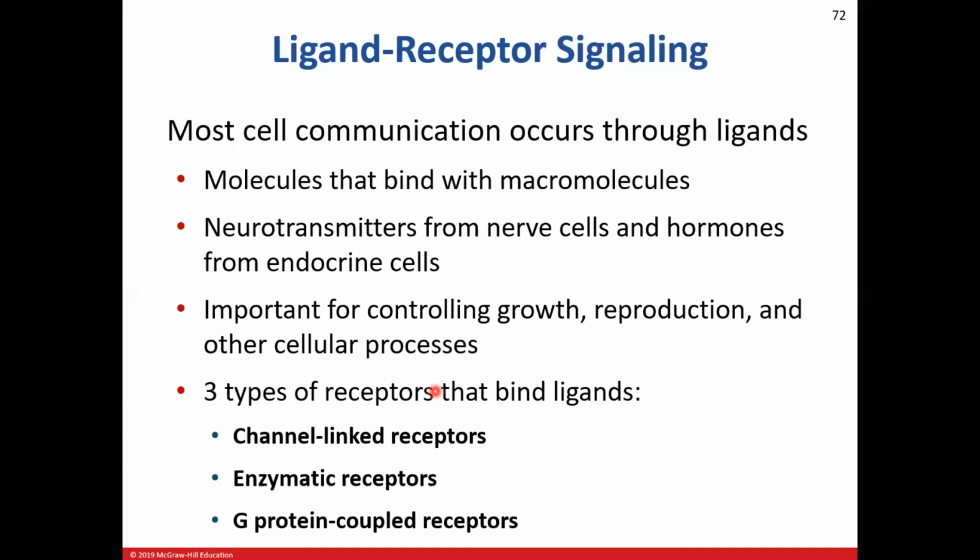So neurotransmitters from nerve cells and hormones from our endocrine cells. And we also see that they're important for controlling growth, reproduction, and other cellular processes. So we have three different types of receptors that bind ligands. We have channel link receptors, enzymatic receptors, and G protein coupled receptors, and we'll touch on each of those.